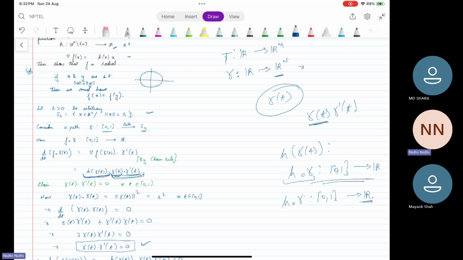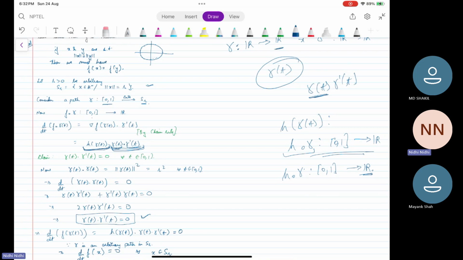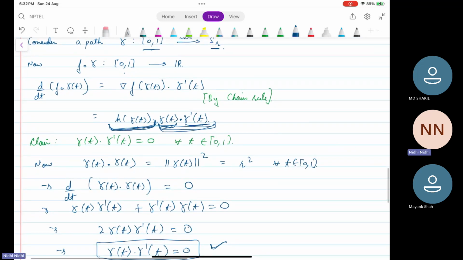And in this case, gamma dash will be a linear map from R to R^n. So basically, this is a vector, and gamma t is also a vector. So this is a dot product and this is just scalar multiplication because this is a real number. So here we have a dot product and this is not a dot product.